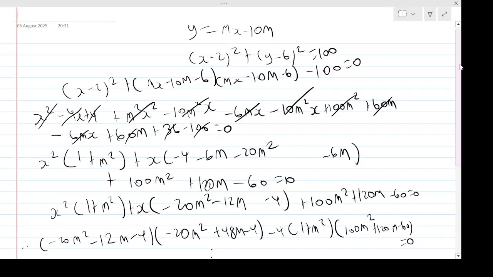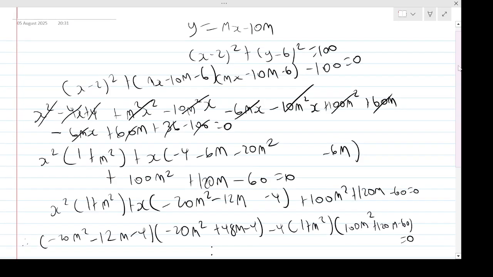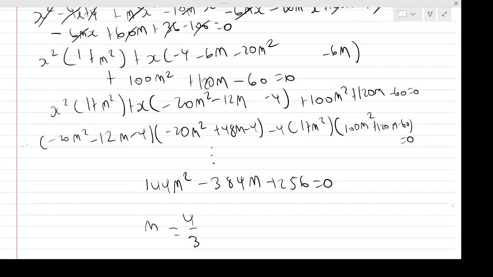It's an absolute nightmare if you try to substitute y = mx − 10m into the equation of the circle there. You'd have to expand these brackets. Eventually you do get the right answer, so you can theoretically do it this way, but it takes so much time and you're bound to make a mistake.